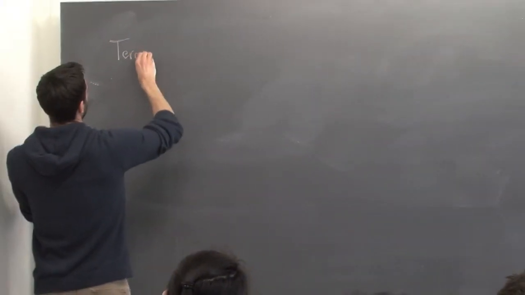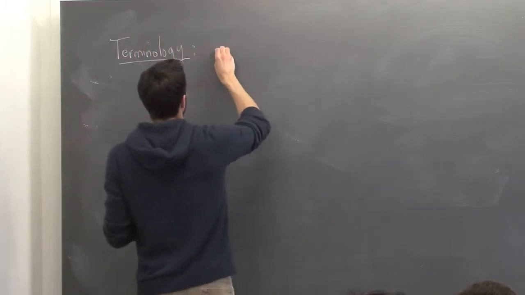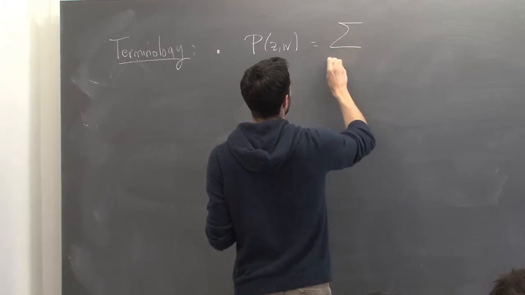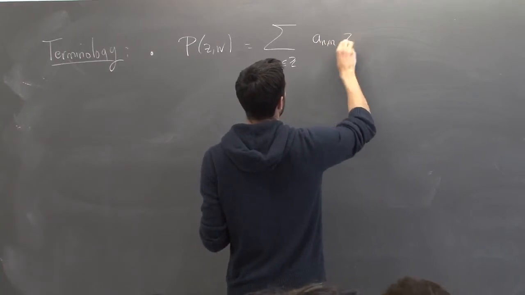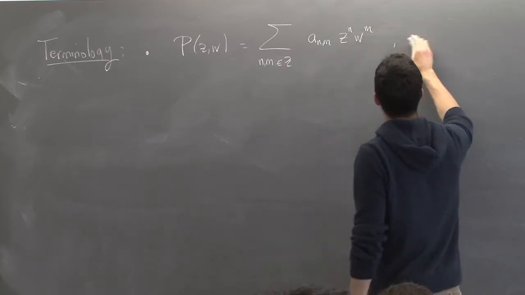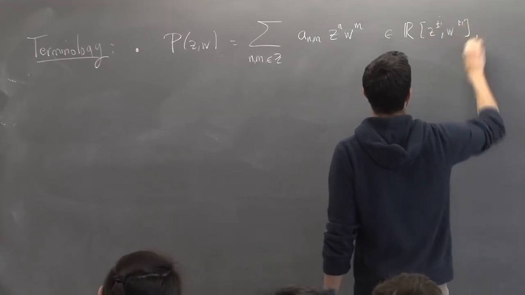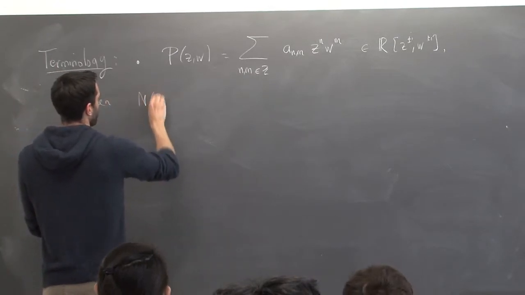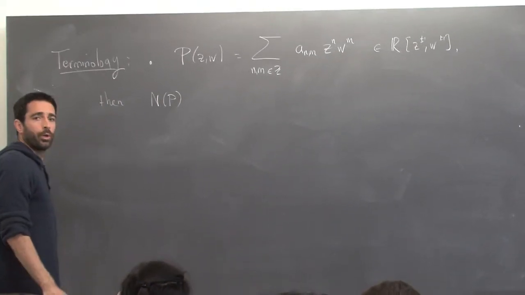So it's a good time to introduce some terminology. If we have P(z,w) of the form, a polynomial in these two variables, then I want to write N(P) for the so-called Newton polygon of this polynomial.